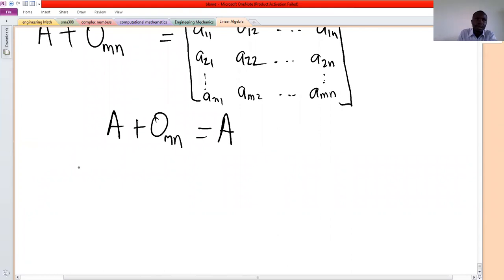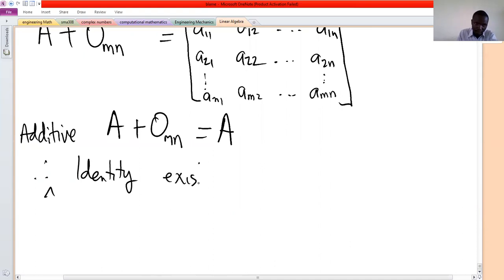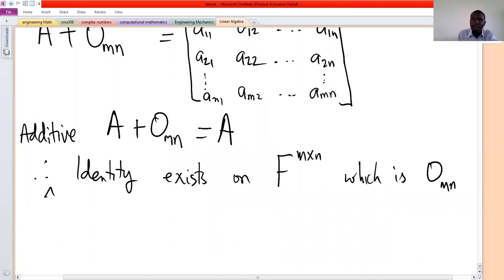So therefore, the additive identity exists on this set F, which is a matrix with all elements zeros of order m by n.